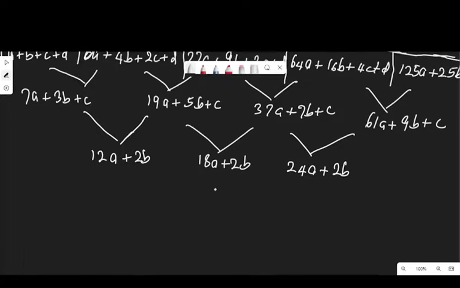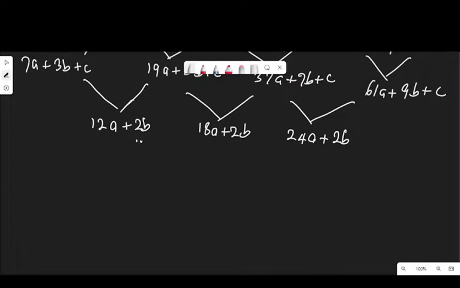That is the second order difference. Taking the third order difference, 18 minus 12 is 6a, 2b minus 2b is 0. Again, 24a minus 18a, 6a. So the third order difference is now constant, which is 6a.